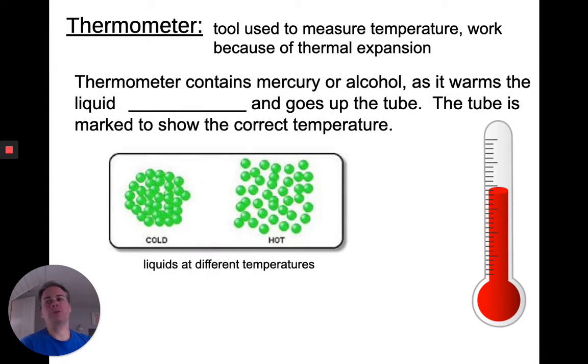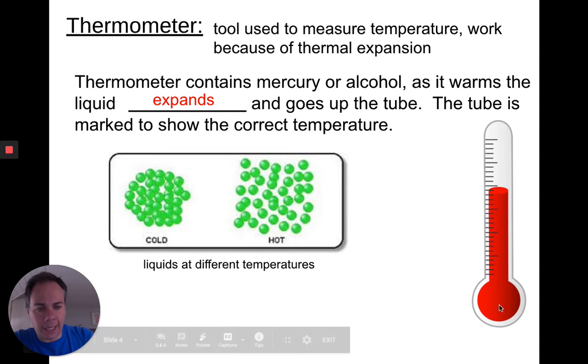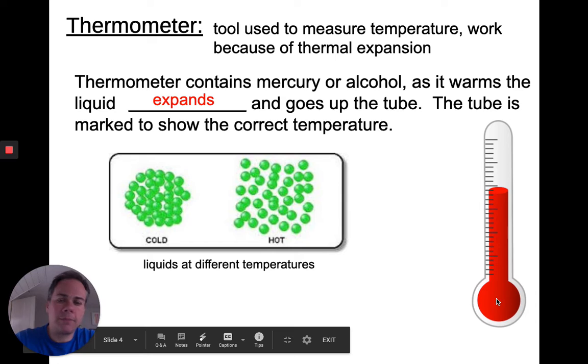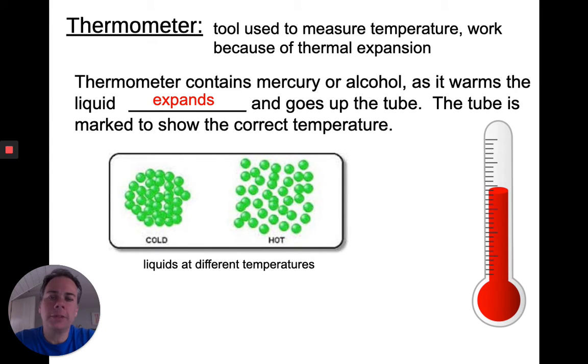So to measure temperature, we use a tool called a thermometer. A traditional thermometer has in it a liquid. Sometimes it's mercury, but not so much anymore because mercury is toxic. It might be alcohol.